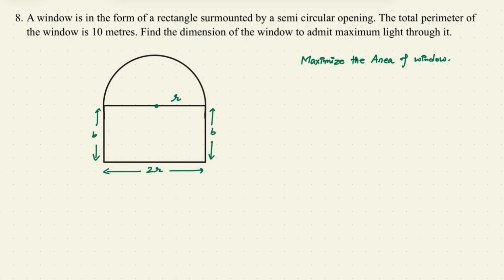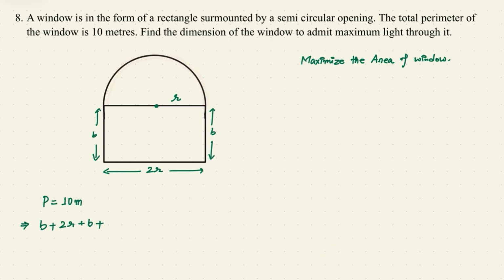So let us add this length, that is b, plus this length, that is 2r, plus b, plus the perimeter of a semicircle, which is given by pi r.